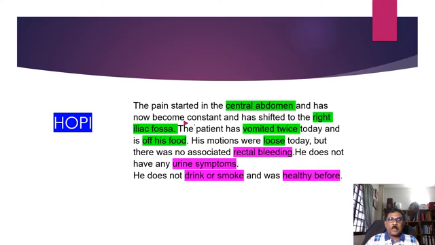Okay, his nausea and anorexia. He had loose motion once. The purple colored highlights are those with relevant negative symptoms, which include no rectal bleeding, no urinary symptoms, does not drink or smoke, and he was healthy before.